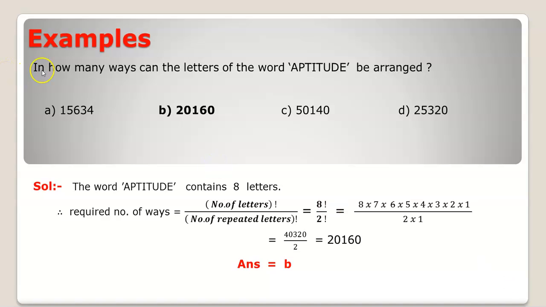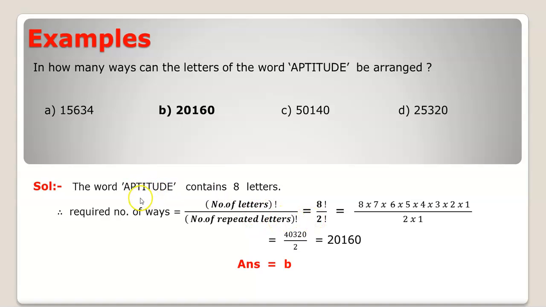Next, in how many ways can the letters of the word APTITUDE be arranged? Again, there are 4 options given here. Let us see the solution. The word APTITUDE contains 8 letters, so the required number of ways equals total letters, n equals 8, so 8 factorial divided by the factorial of the number of repeated letters.